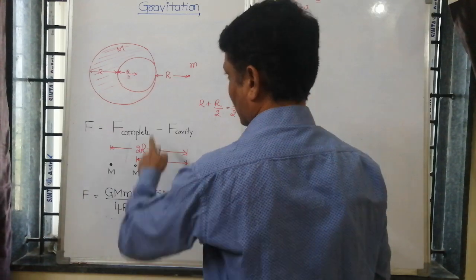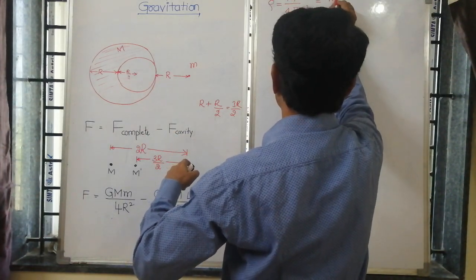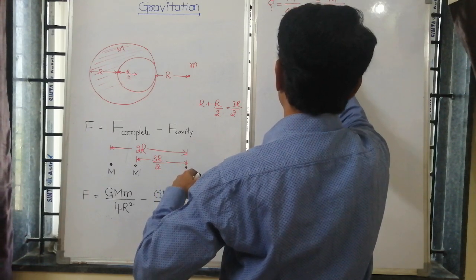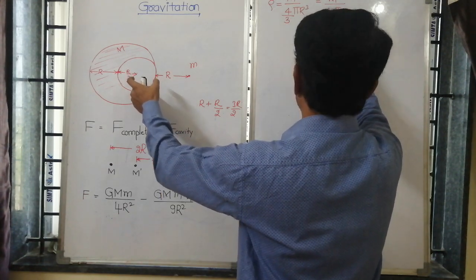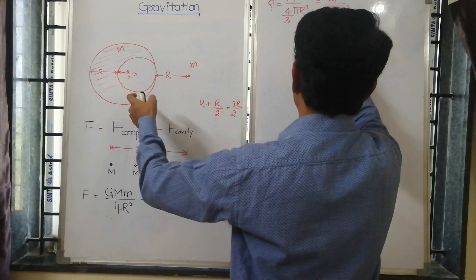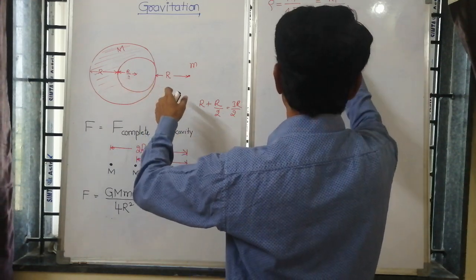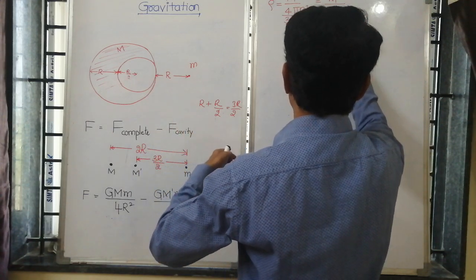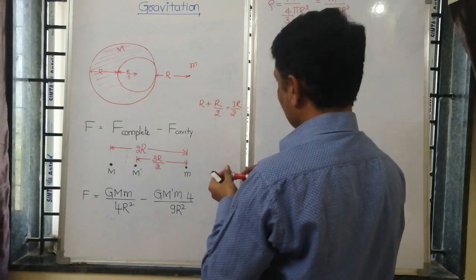For the density of the cavity, it is m dash divided by the volume, 4 by 3 pi times the radius of the cavity cubed, r by 2 cube. 2 cube is 8.